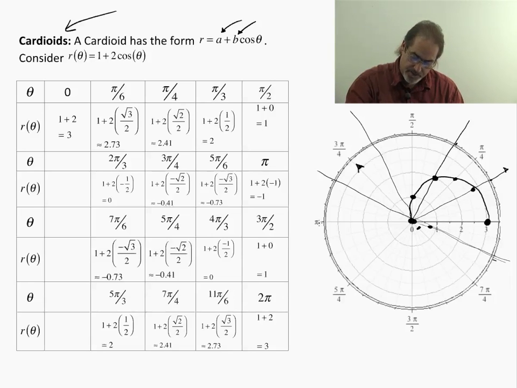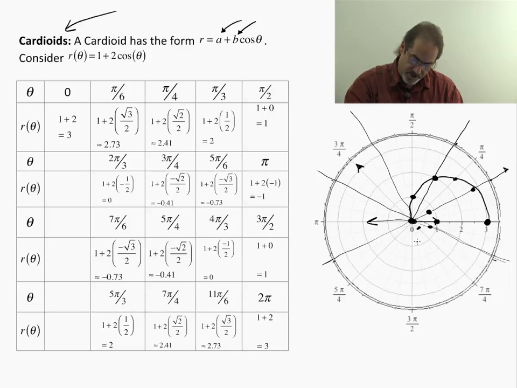At pi, I'm going to be at negative 1. This is the direction of pi, but the radius is negative, so it brings me back to here. At 7 pi over 6, my angle is roughly here. I'm going to end up with a negative 0.73, which is actually along this axis, which is going to be roughly there.